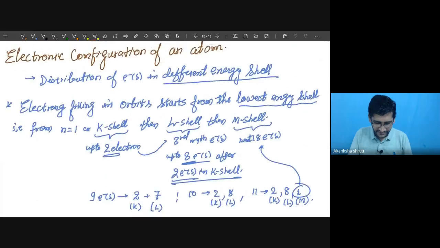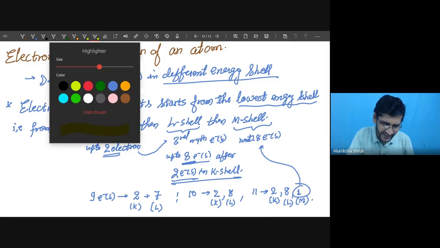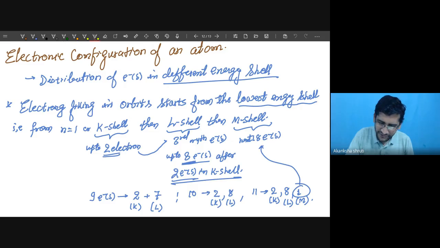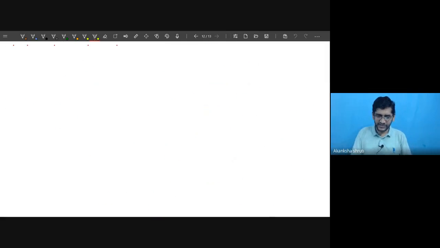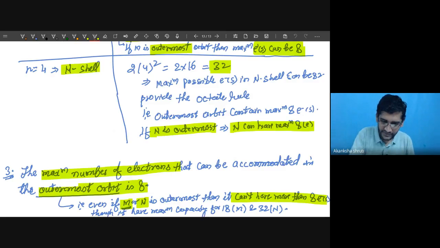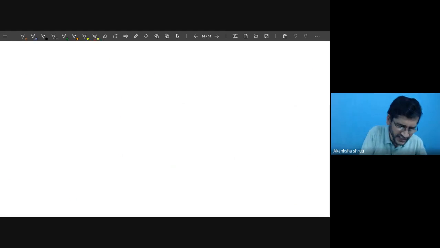The first rule we took is that electron filling is always in the order of increasing energy level. It starts from the lowest energy level and continues to increase. The next postulate, the fourth postulate, is the last one.